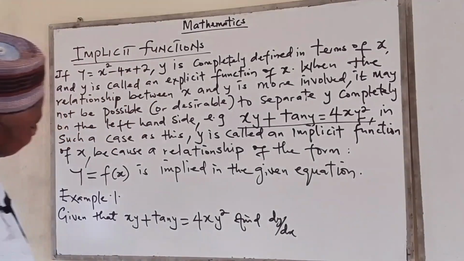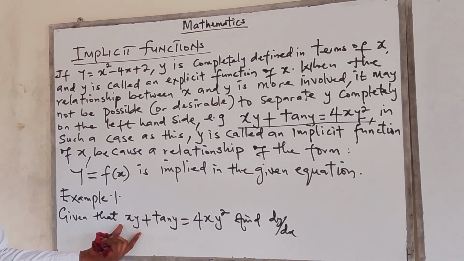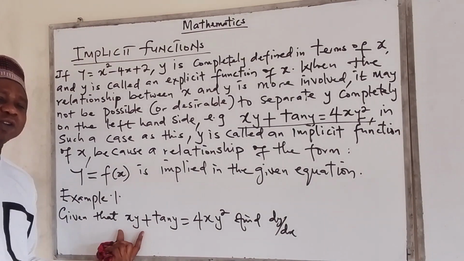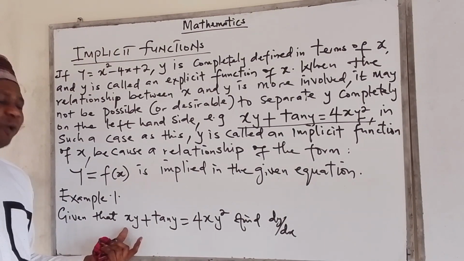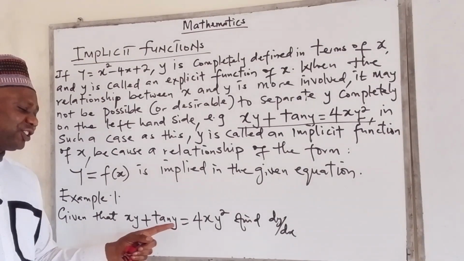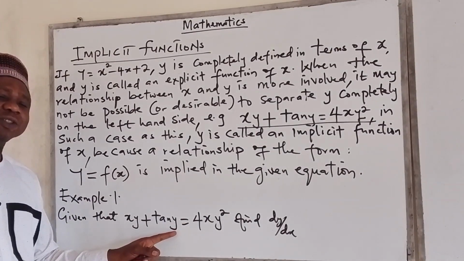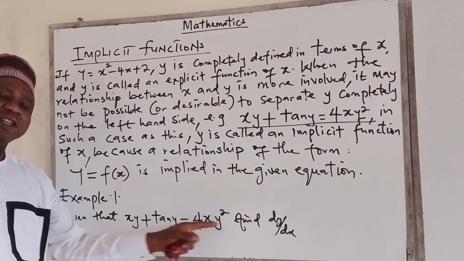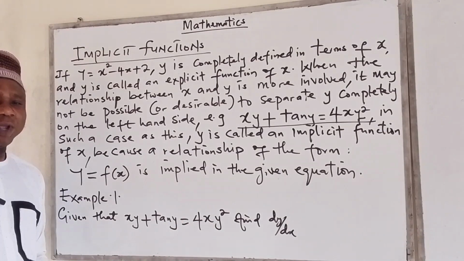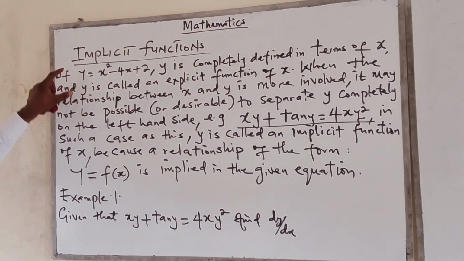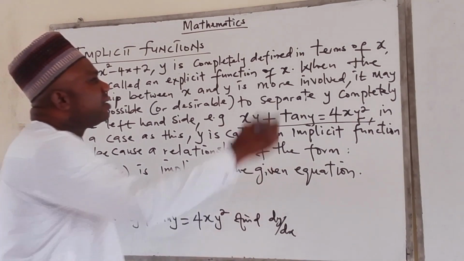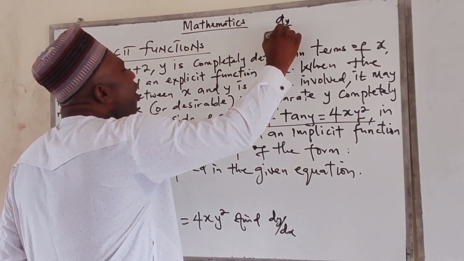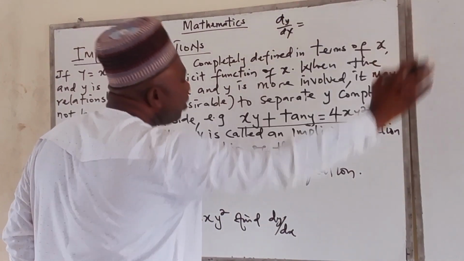In this case, when you look at xy, you will see that this is a product of two functions, x and y. This is a trigonometric function of y, and here we also have 4xy squared. Now, for explicit functions, remember, we always start with dy over dx, then you differentiate.